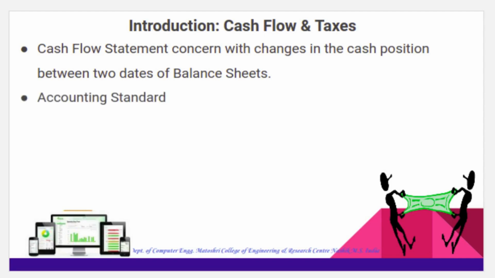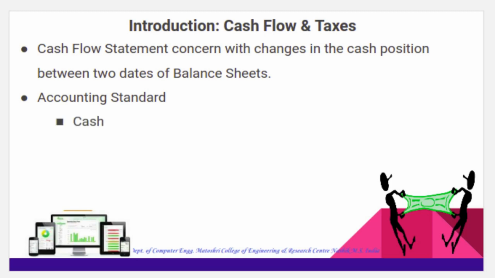According to accounting standard, an enterprise should prepare a cash flow statement and should present it for each period with financial statements prepared. Accounting standard has also given the meaning of the words cash, cash equivalent, and cash flow.